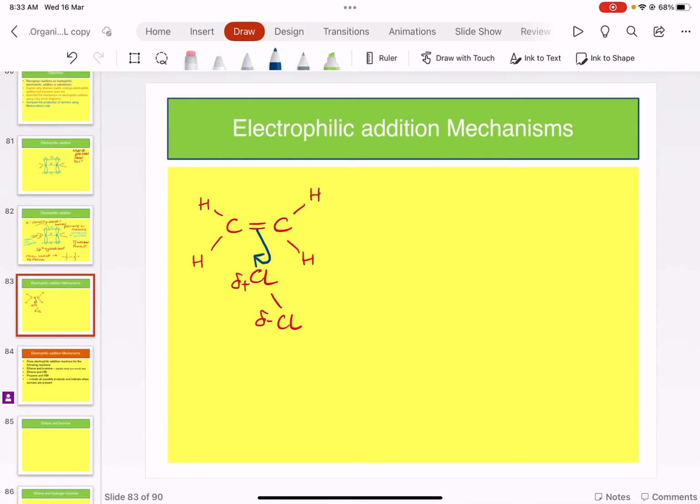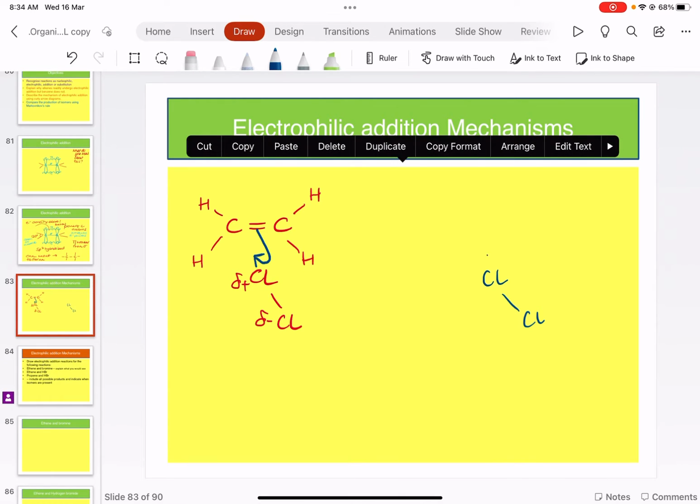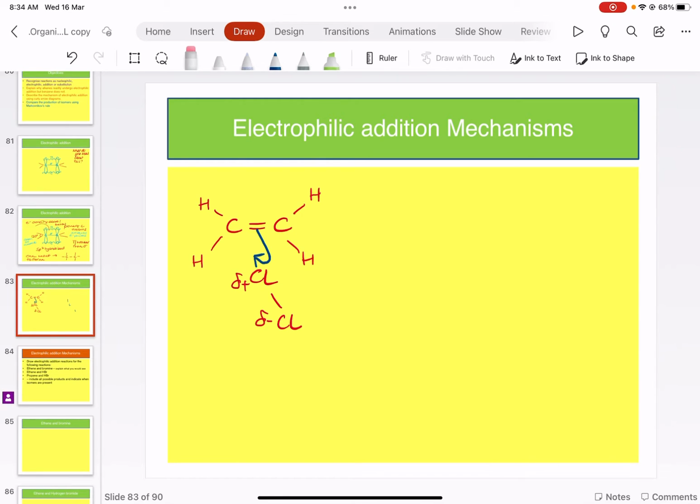So you see we've got the arrowhead, it's a full arrowhead representing a pair of electrons, and as they come out and attach to the chlorine, that means the chlorine is attached to this chlorine and it's attached to the carbon at the same time, and that's not stable. So at the same time as the electrons move from the double bond to the first chlorine atom in the molecule, the electrons from within the bond go out onto the second chlorine.